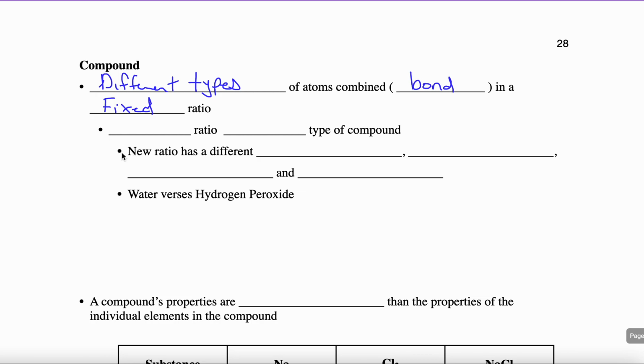So here is a huge idea, that if we change that ratio, then we actually change the type of compound. So if we change that ratio, that new ratio has a different chemical name.